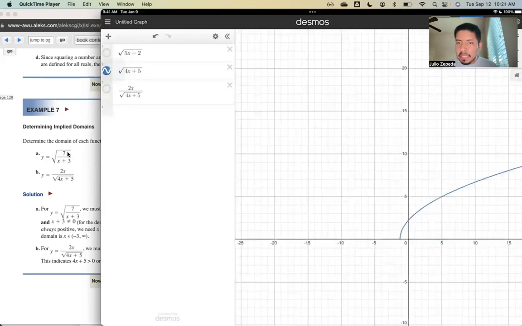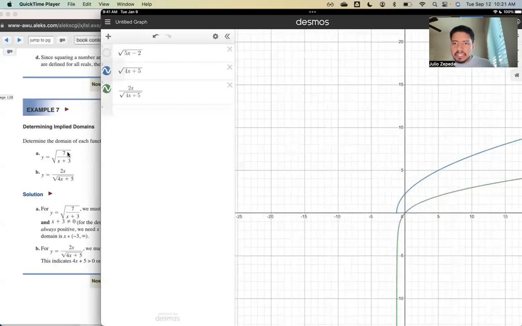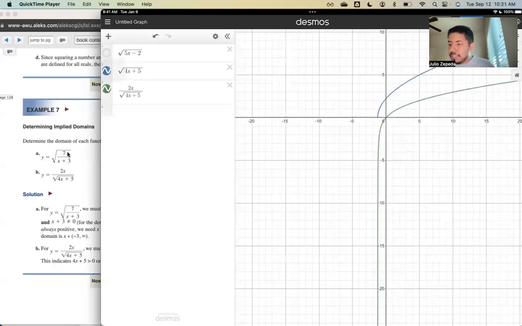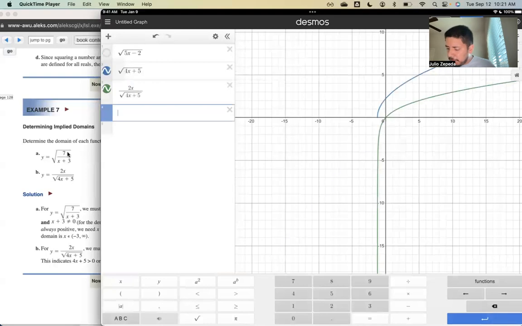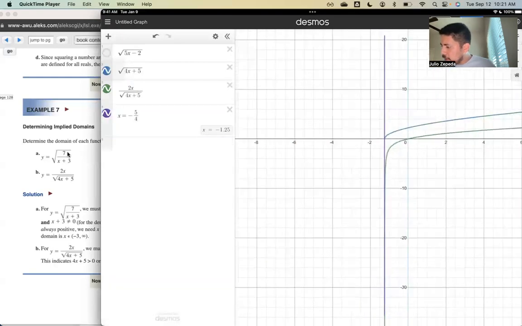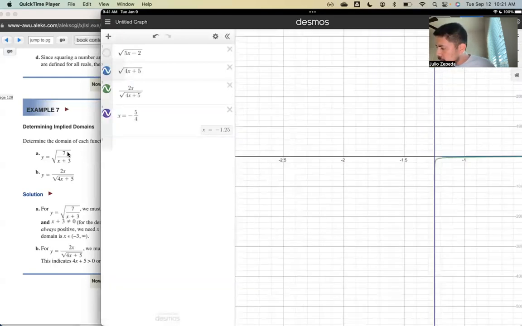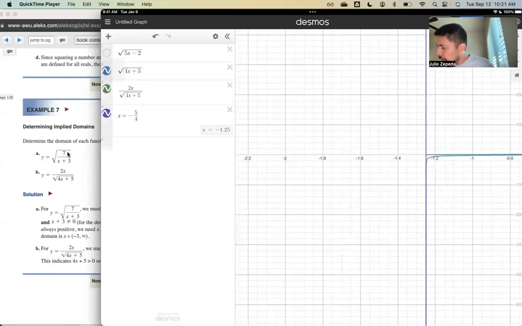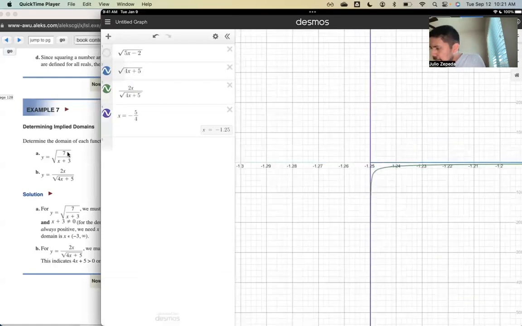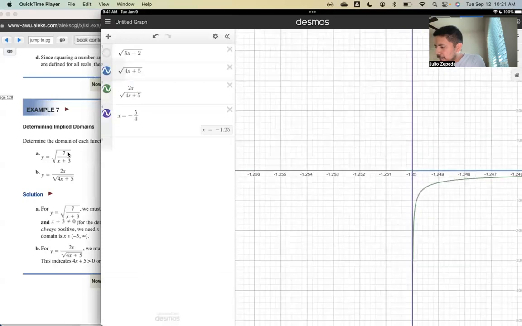And then when we bring in this other function, it's actually going to look like the domain is the same thing. But notice that at x equals -5/4, it starts to get really, really close to this vertical line. And it looks like it touches it, but it actually doesn't.